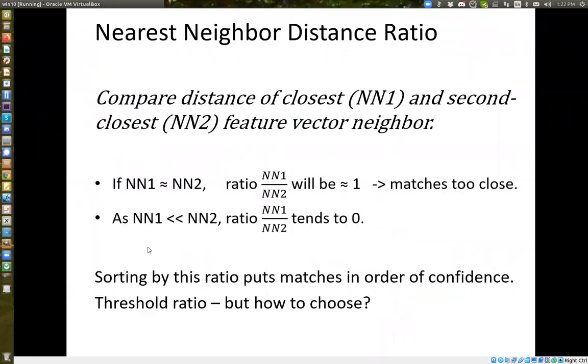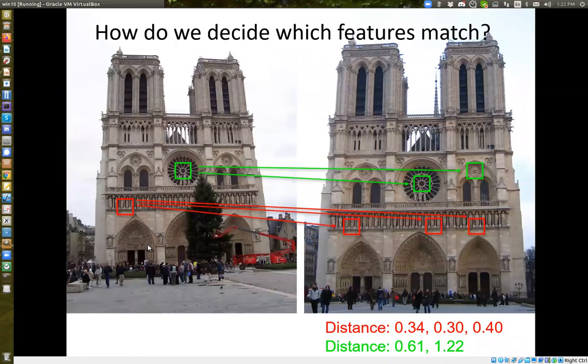The final thing we need to worry about is, no matter whether you're using Euclidean distance or cosine similarity, let's say I have this one here, and I'm trying to find a match among these two here. The problem is that I don't have a match. So if I just look for the most similar one, I will get this one.